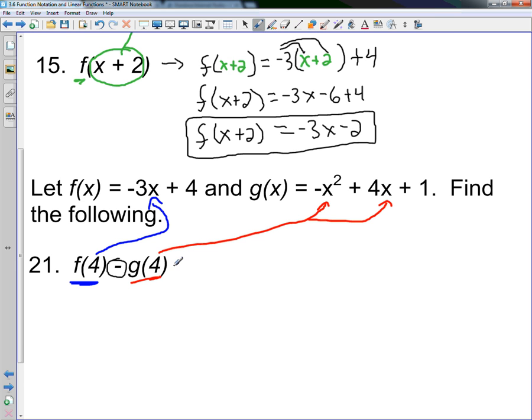So what this is equal to is we're going to take 4, plug it into x. So we have negative 3 times 4 plus 4 minus, now what I want is to subtract that entire part, so make sure you use parentheses. And we have negative x squared. We're plugging in a 4.